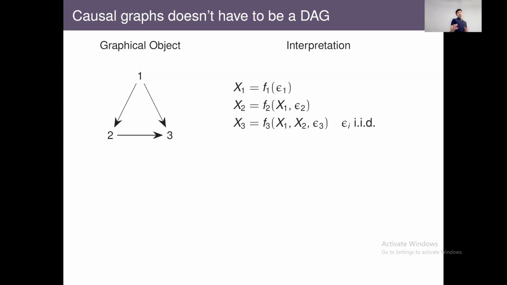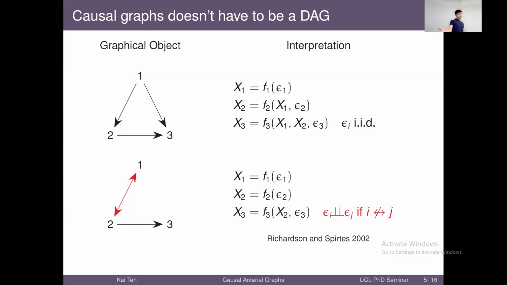Then you have functions which map the values of the parents and the noise of the node itself. For example, here you have 3 taking in 1, 2, the parents, and the noise of 3. Right? So that's the interpretation.